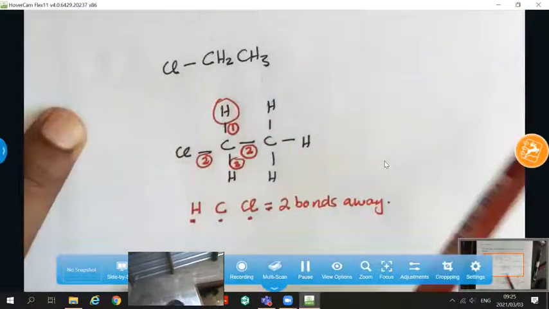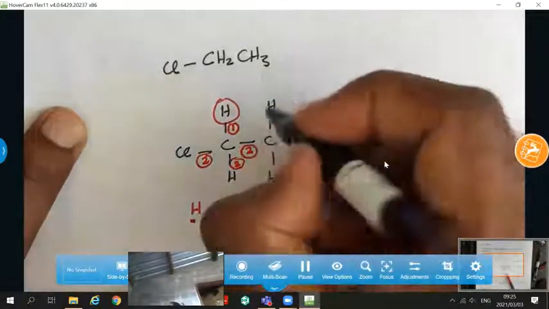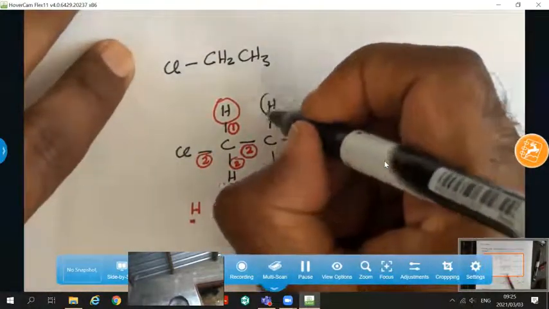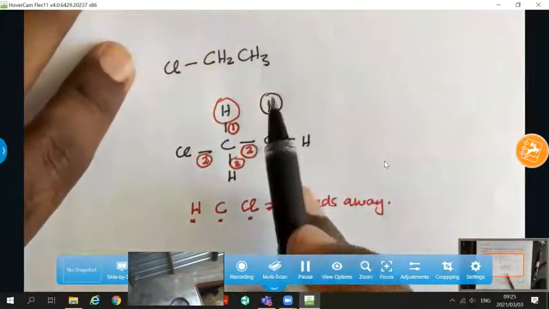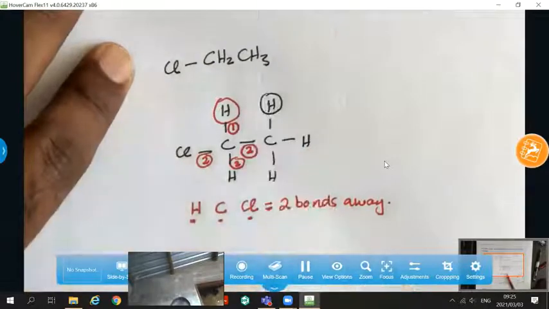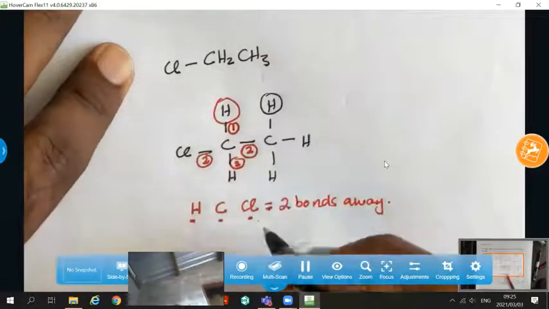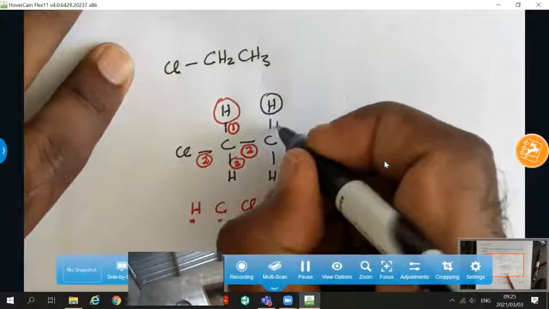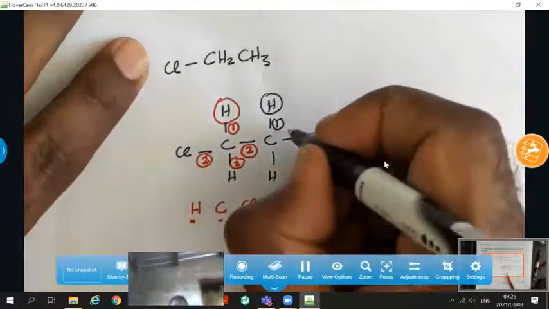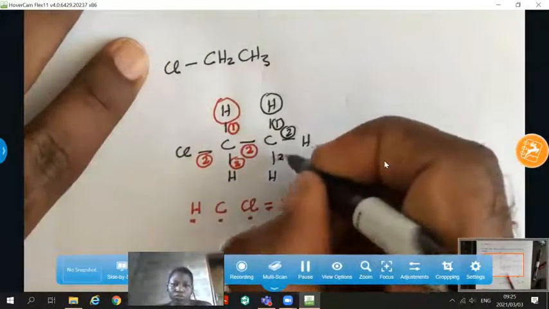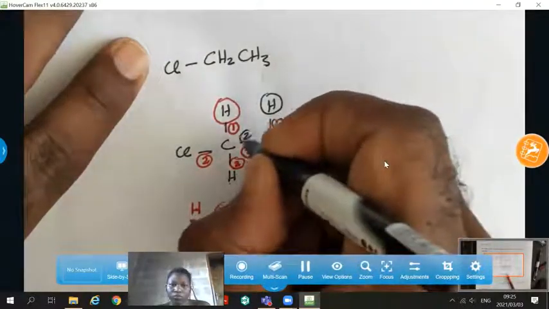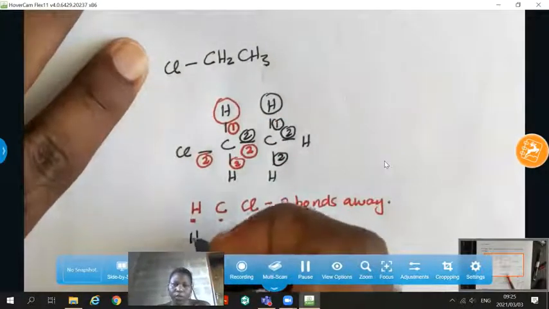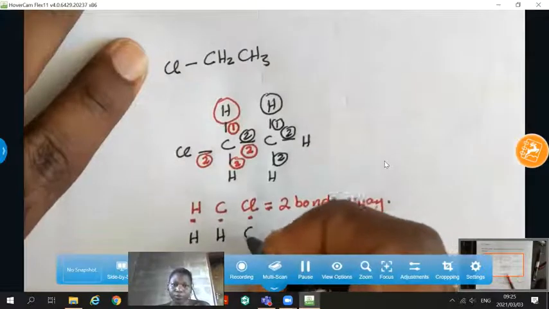Now I'll use the black pen here. I'm going to pick this hydrogen atom, and this hydrogen atom represents the CH3 group. Let me go 1 bond away, and 1 bond away is the carbon. 2 bonds away, I have hydrogens and a carbon.